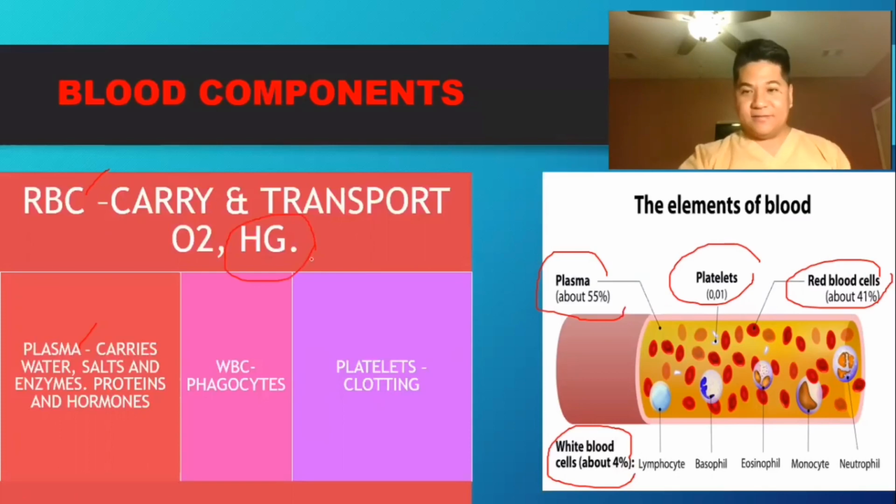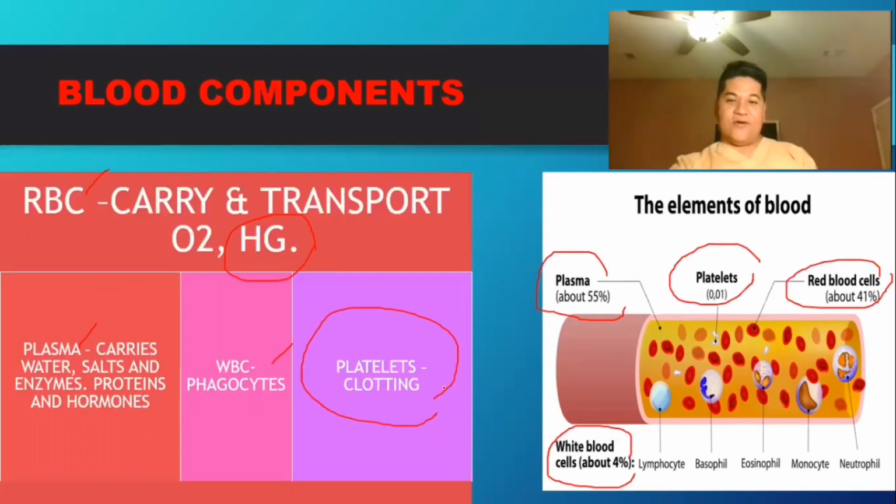Then the plasma carries water, salts, enzymes, hormones, and proteins as well. We're going to talk about that later, one by one. The WBC is for phagocytosis or fighting infection. Check on that. And the platelets are for clotting, to prevent blood loss.